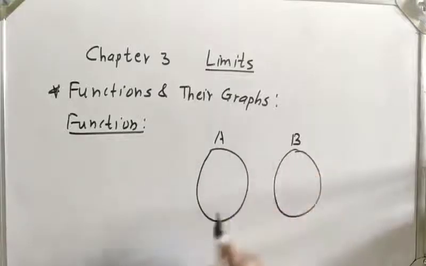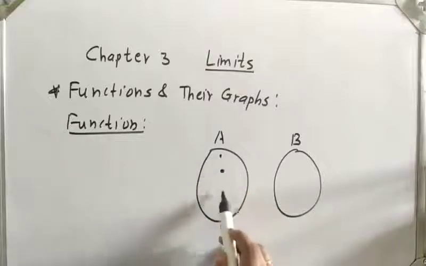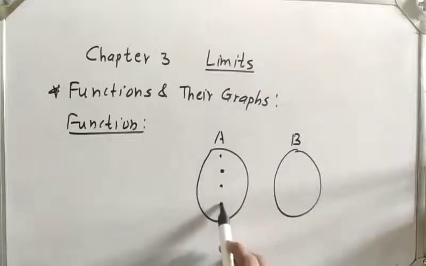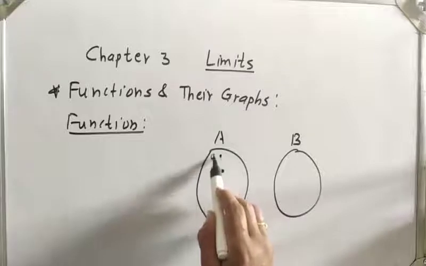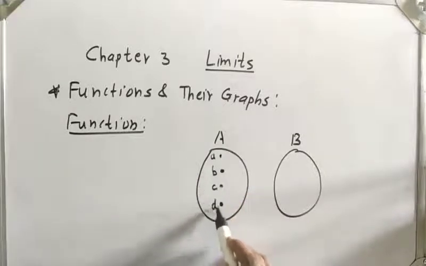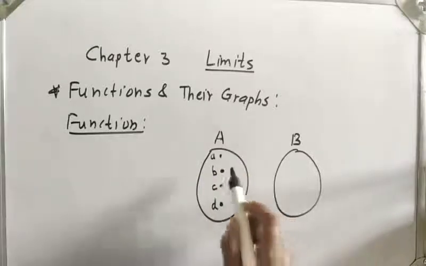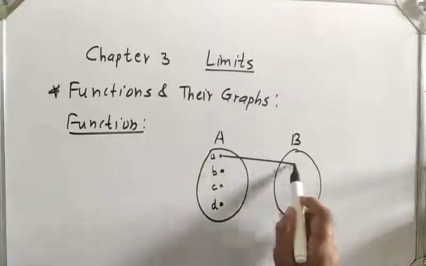This is set B. Any mapping in which every element of A, suppose there are 4 elements A, B, C, D in set A, then for every element of this capital A, there is a unique element related to A.